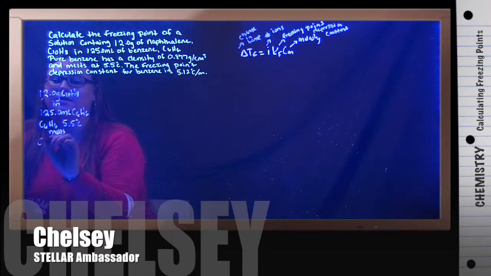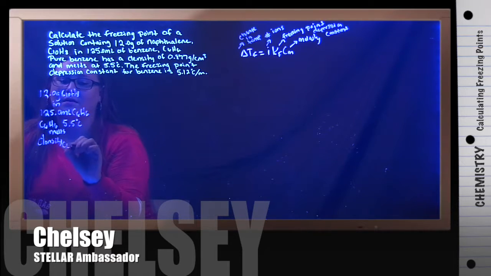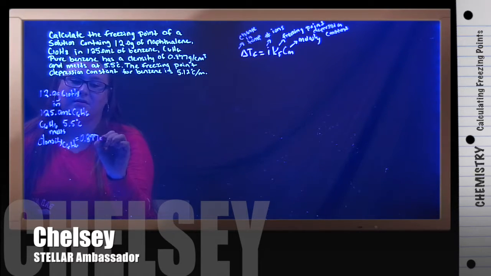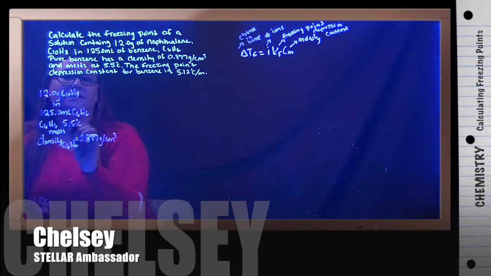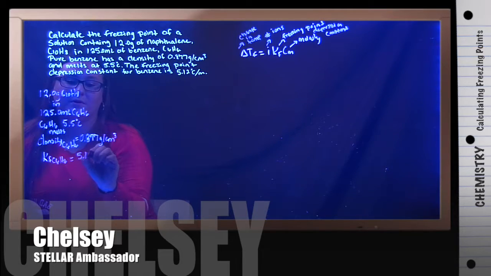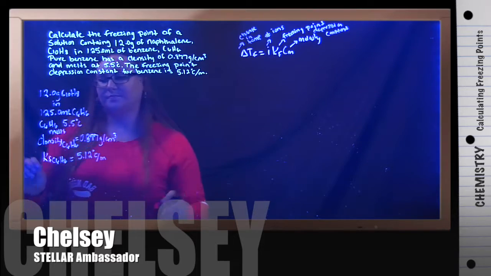The density of benzene is equal to 0.877 grams per centimeter cubed. And the freezing point depression constant, which is the Kf for benzene, is equal to 5.12 Celsius per molality.